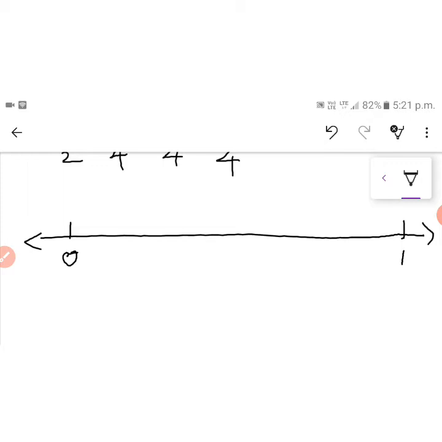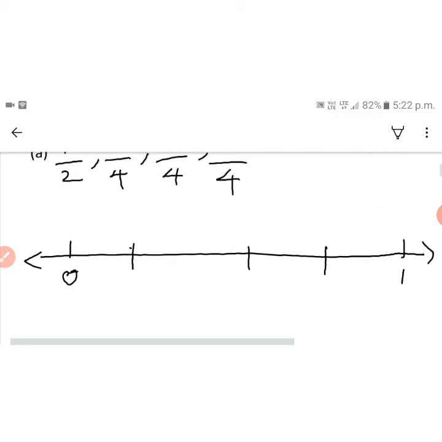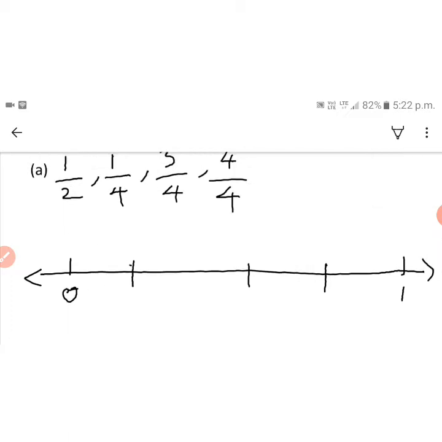We divide the line between 0 and 1 into 4 equal parts. First we mark 1 by 4.